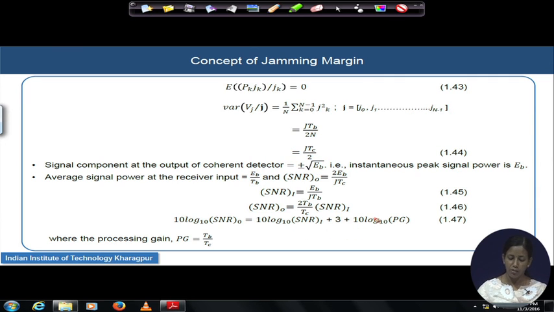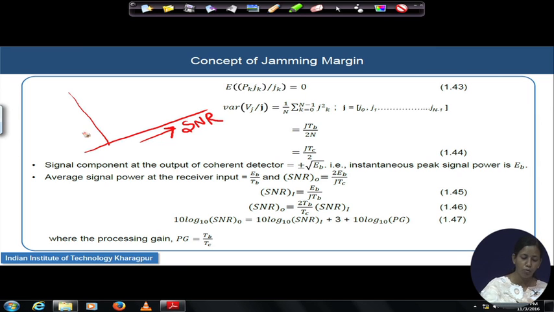you will be able to see that for the conventional receiver, I have the plot of signal to noise ratio, and I am plotting the bit error rate we are interested in.